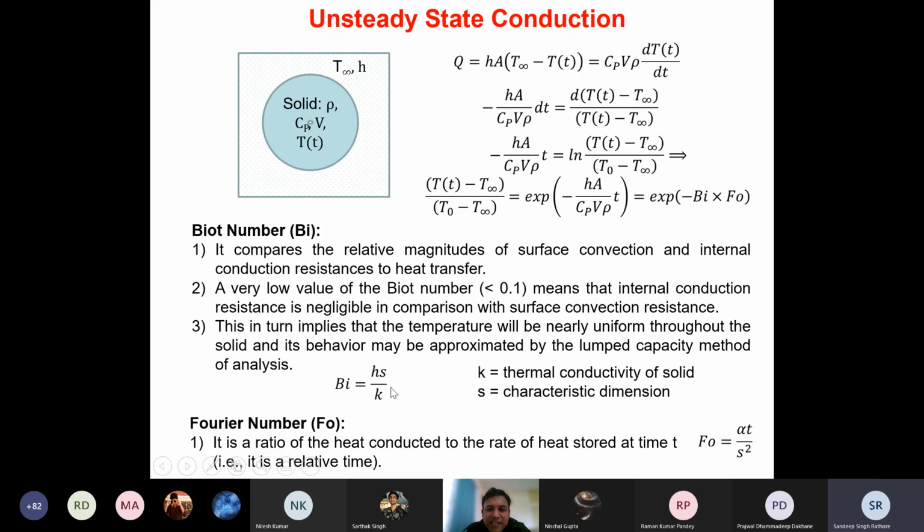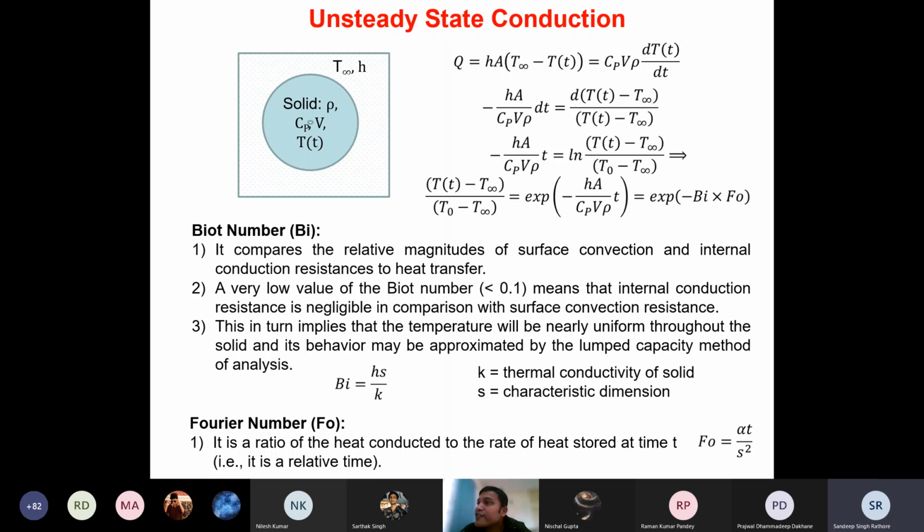Now this Biot number hS by k, this Biot number equation is the same as the equation for Nusselt number. Nusselt number is also given by hS by k. But the only difference between Nusselt number and Biot number is that in a Nusselt number, this thermal conductivity k is of a fluid. But in case of Biot number, this thermal conductivity k is of a solid. That is the difference.